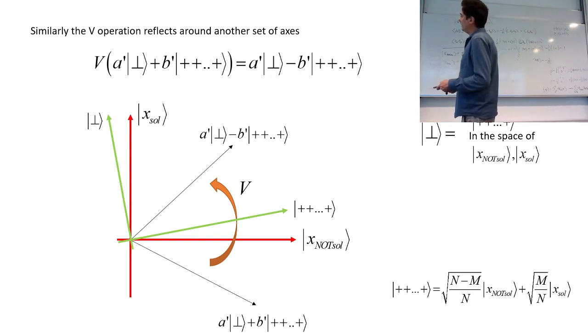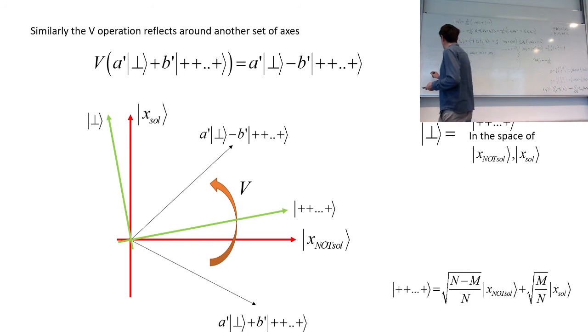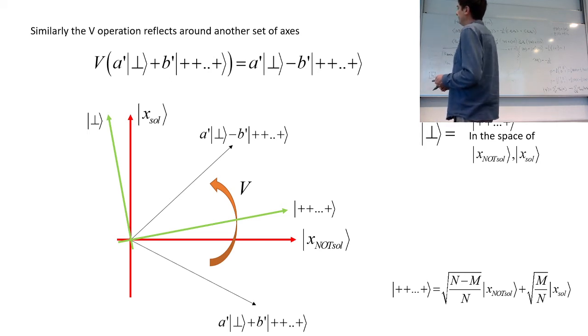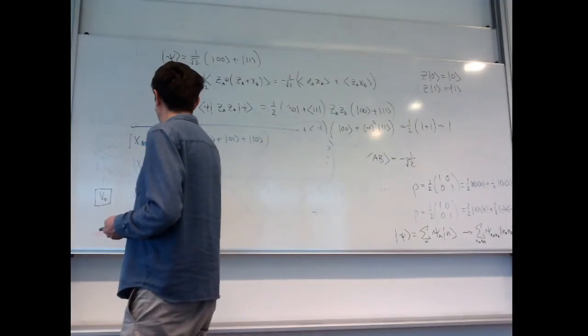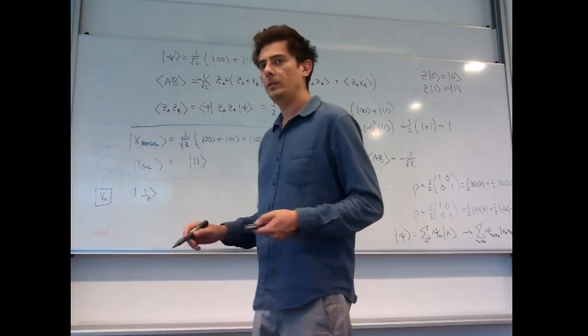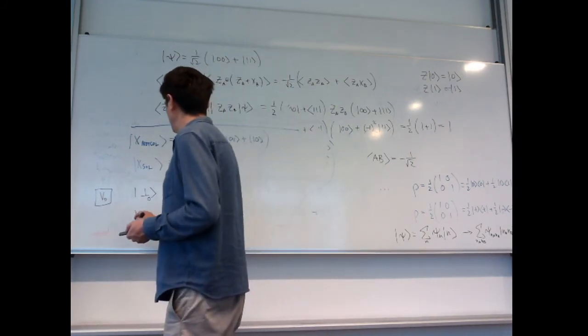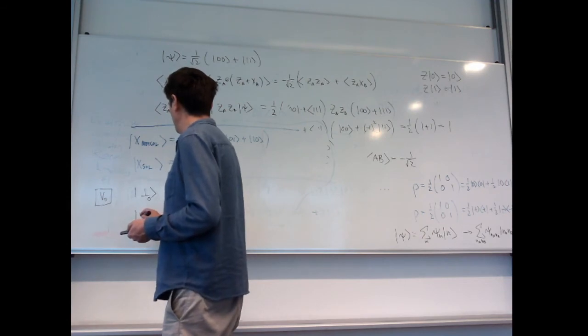So in this case, the V operation is something very similar. In terms of the V naught box, V naught would be something like, let me write something like perpendicular 0 and the V sol.